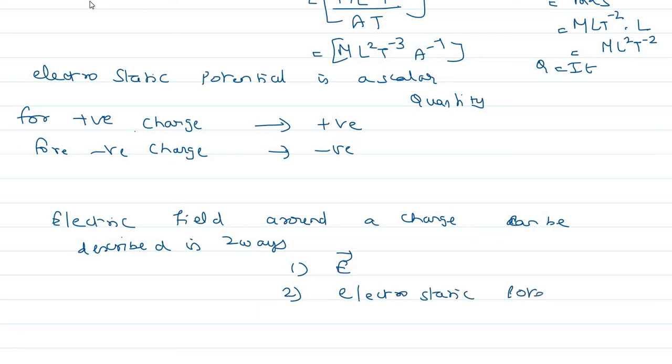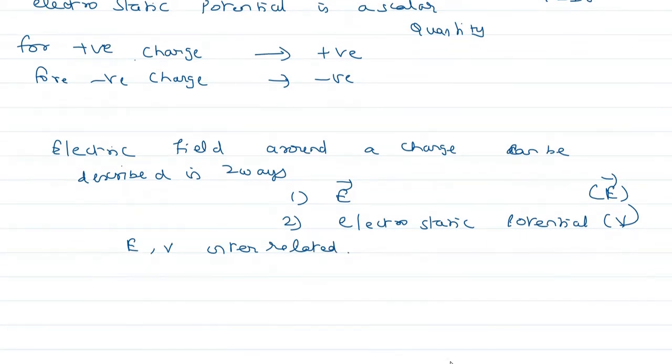Both can be used to describe the electric field around a charge. Both are very, very important and they are interrelated. We will soon learn this relation. So E and V are interrelated. But here the only difference is that one is a vector quantity and the other is a scalar quantity.